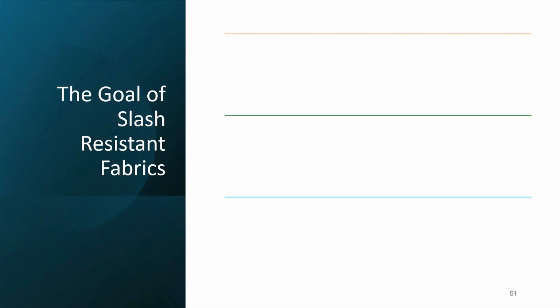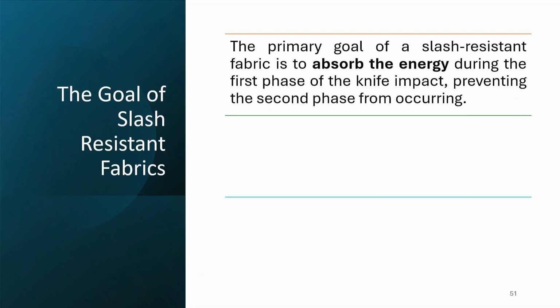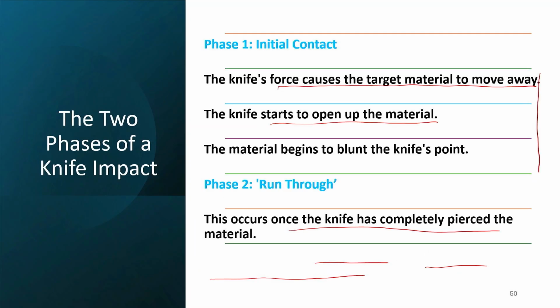The main goal of the slash resistant fabric is to absorb energy during the first phase. What is the first phase? Initial contact.